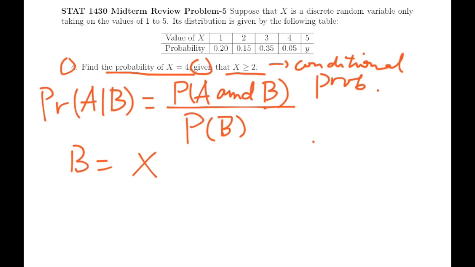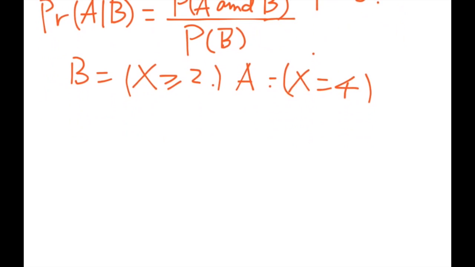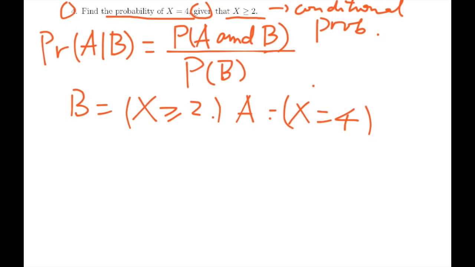I will write parentheses here to represent that these two are events. Alright, I will first express the problem in a mathematical expression. That is, we want to find the probability of X equal to 4 given that X is greater than or equal to 2.